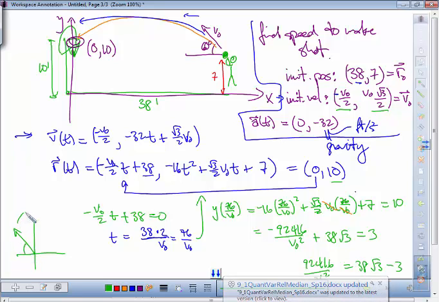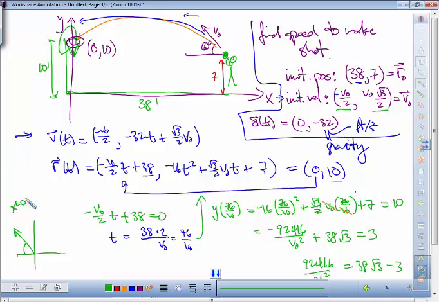Since it's pointing this way, we have to make sure that the x value is actually less than 0 because it's going in this direction. So just make the x value negative, and then you'll go in that direction. Any other questions?